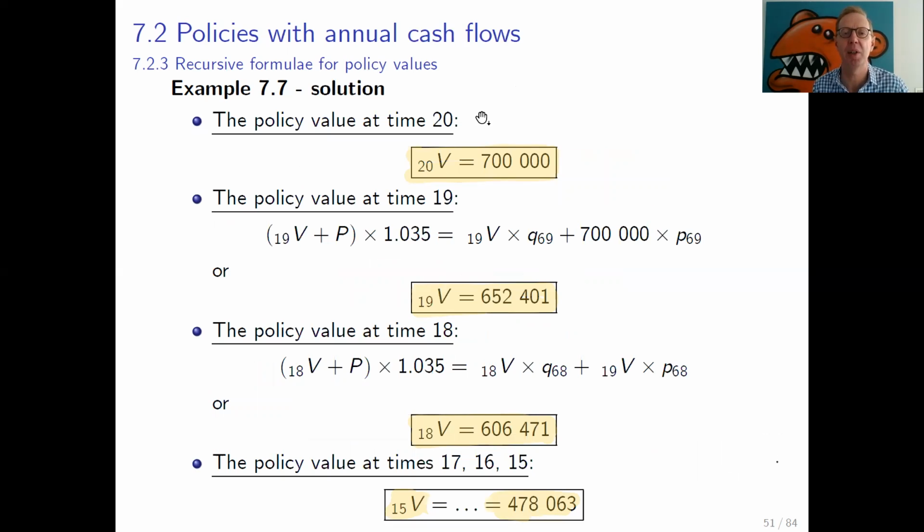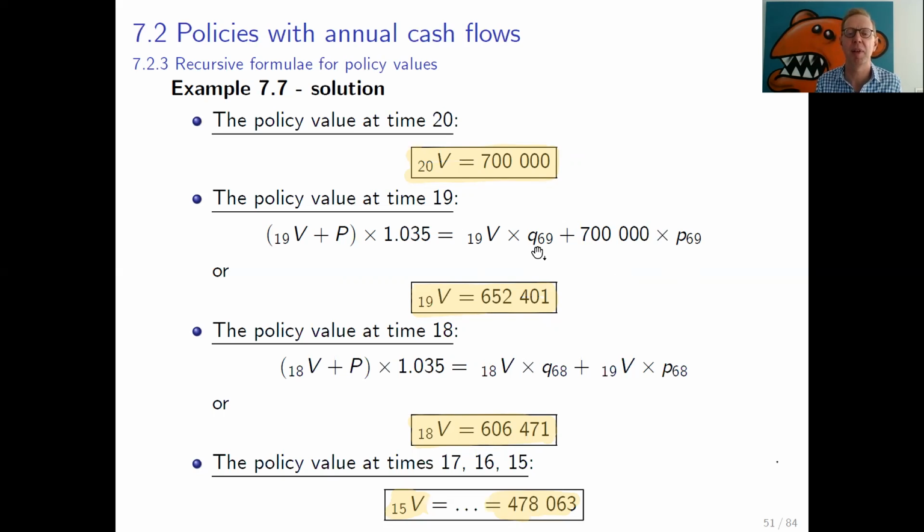So what is the policy value at time 20? If we have arrived at time 20, then the policy value is 700,000 because we have to pay 700,000 immediately. What is then the policy value at time 19? Well, we know that V19 plus the premium accumulated by interest, that is what is available at time 20, must be equal to the expected value of what is required.